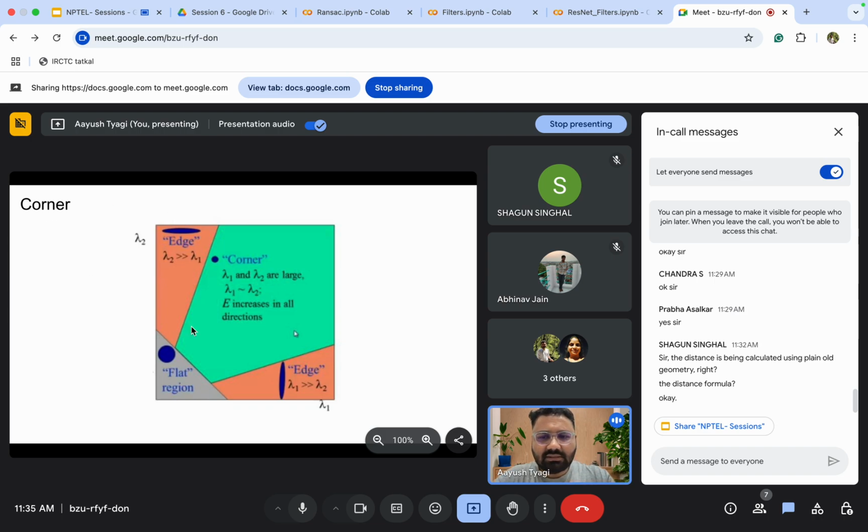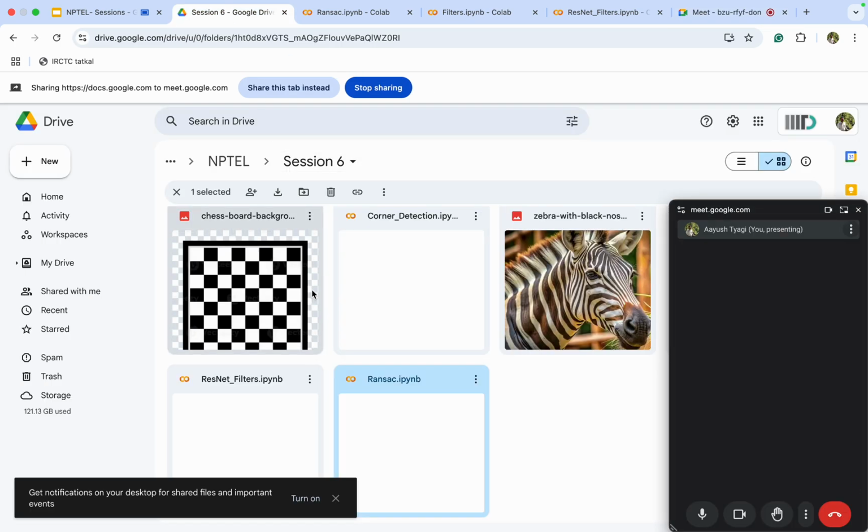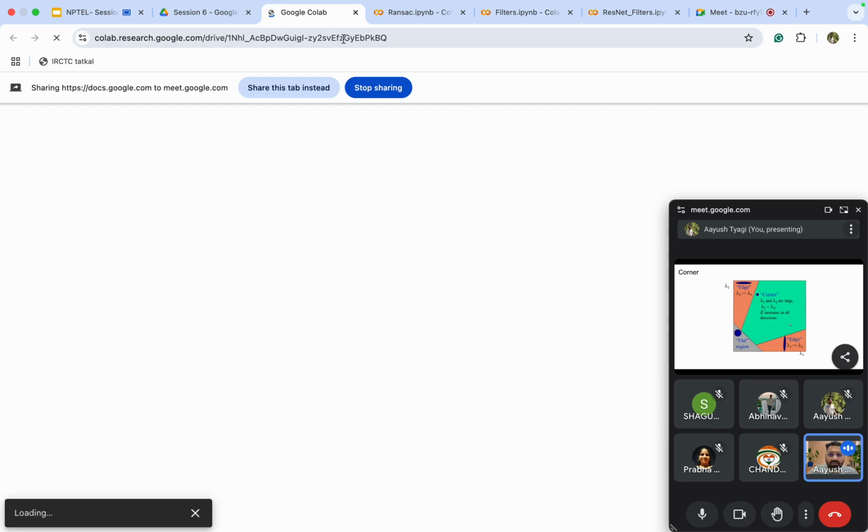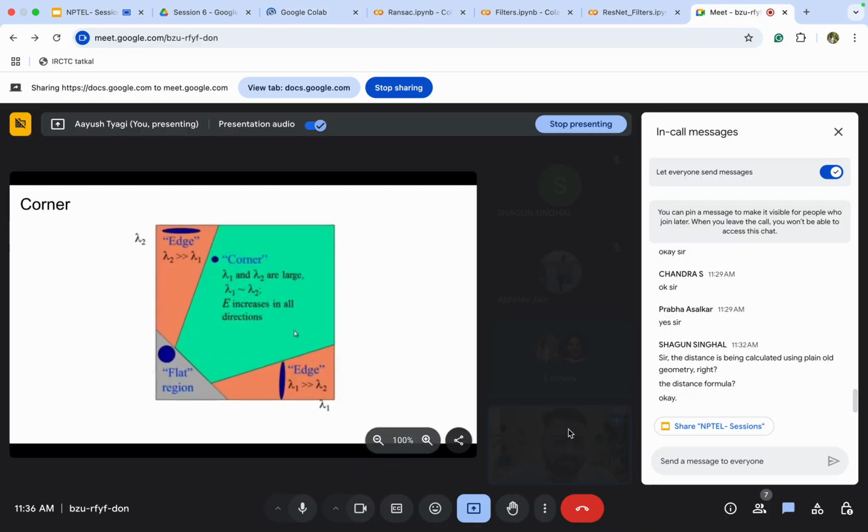There is a very good tutorial of the Harris corner detector on OpenCV. Check it out if you have any doubt, so that you get a practical intuition about it. There is a notebook here as well, let me show that to you.